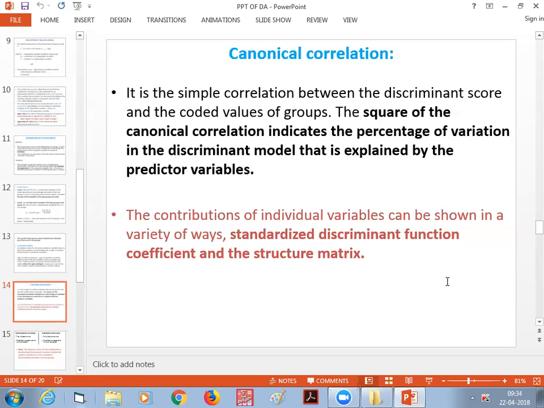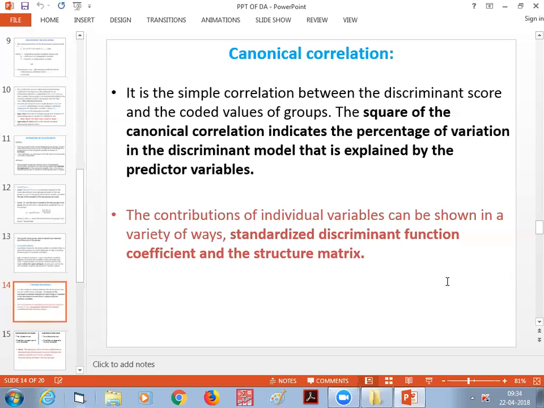Canonical correlation indicates the percentage of variation in the discriminant model that is explained by the predictor variables. So it is similar to capital R squared in the multiple regression model. If you're able to recall, the purpose of R squared was the coefficient of determination: what percentage of variation in the dependent variable is explained by the set of independent variables.